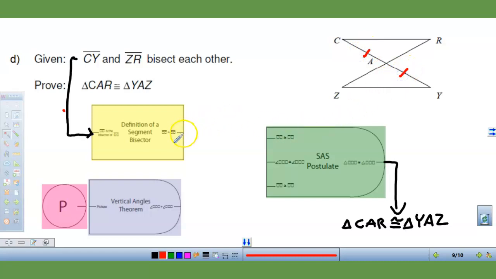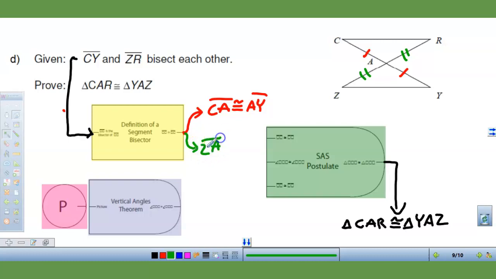So we do know from there that CA is congruent to AY. But also we know that this segment is bisected, so this is congruent to this. So we can use this theorem twice, and it gives us two statements.